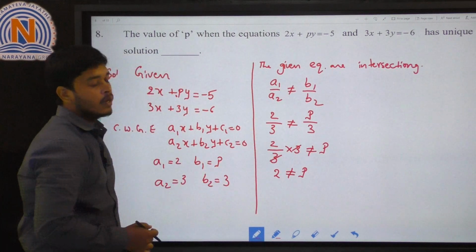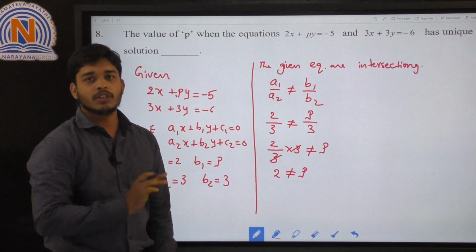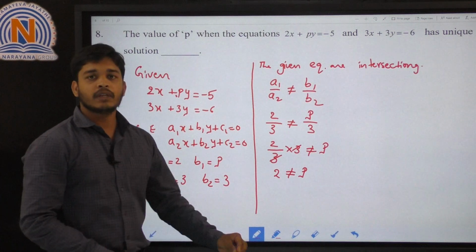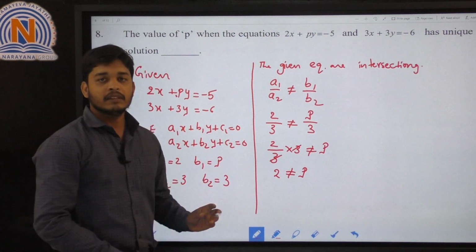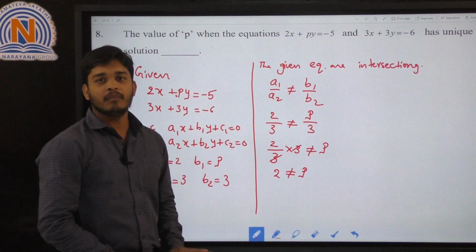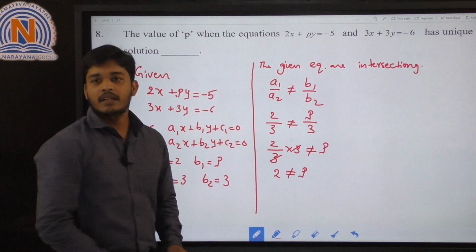So what is the value? p should not be equal to 2. Other than 2, you can take any real number, then the condition is satisfied.